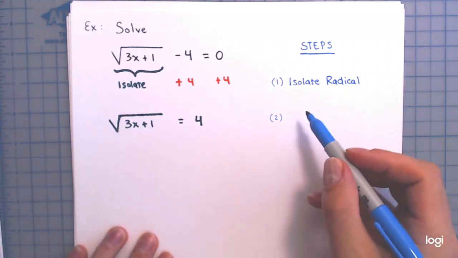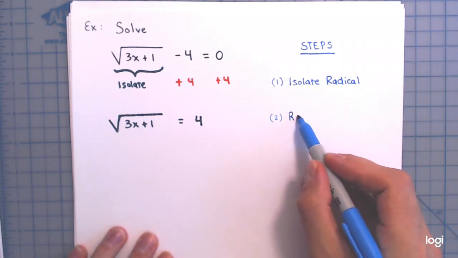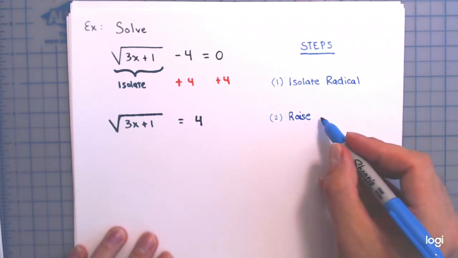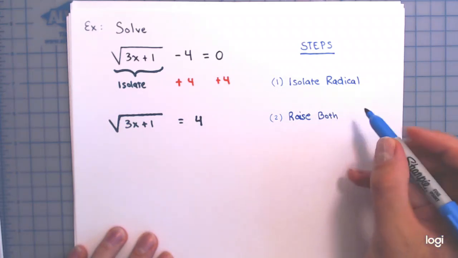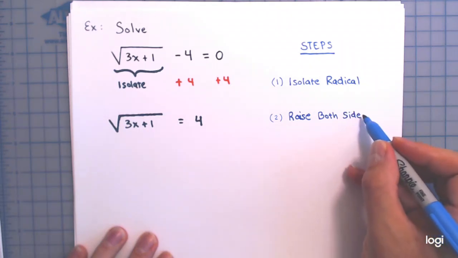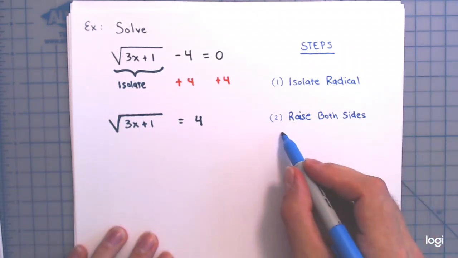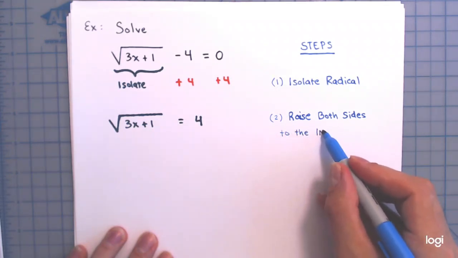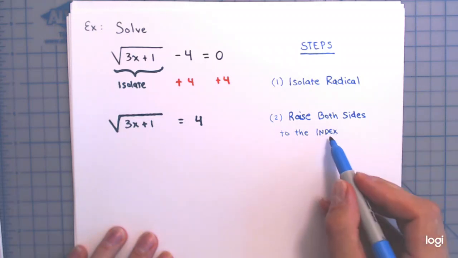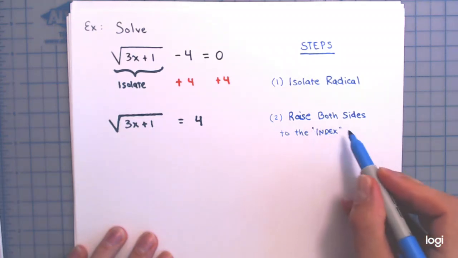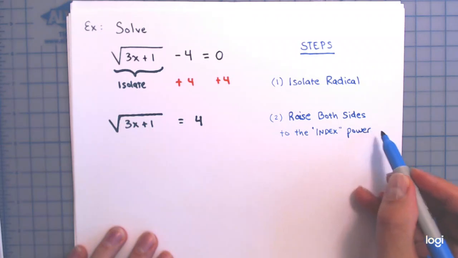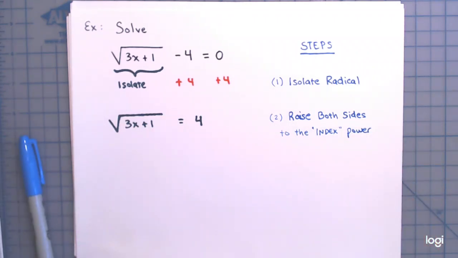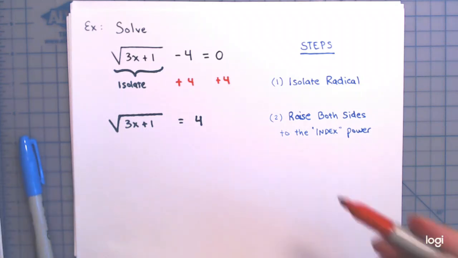So what I'm going to do is raise both sides to the index power, and just recall this property of radicals.